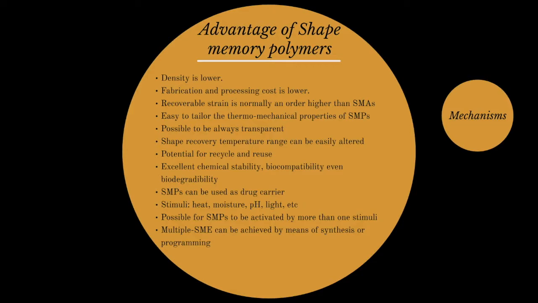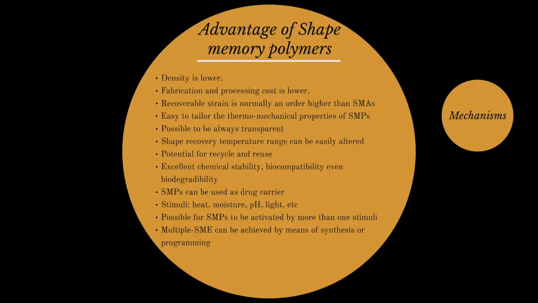So you can switch the molecular shape inside the polymer. And then you can design for more than one stimuli. You can easily design that. And then you can have multiple shape memory effect by synthesis or programming. Meaning programming, you program the memory.